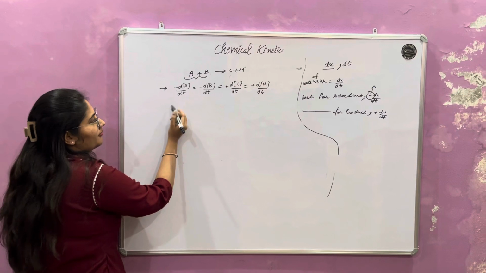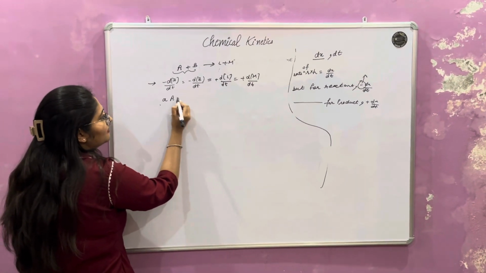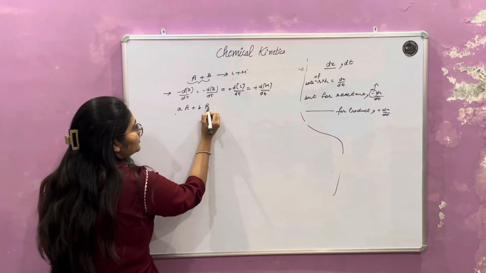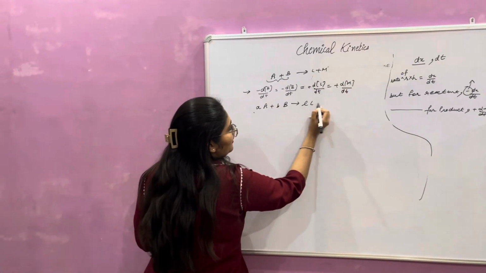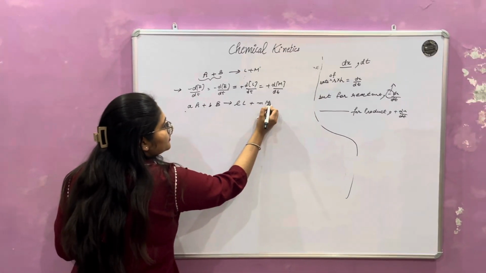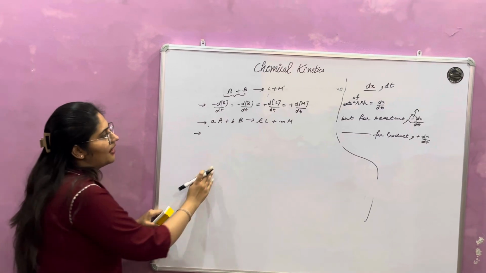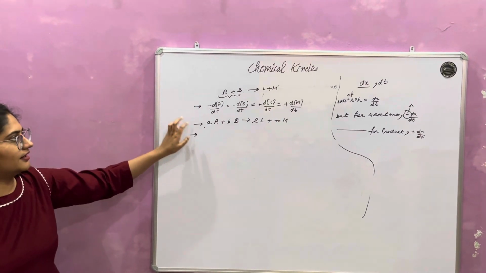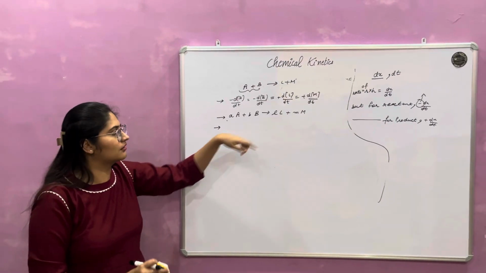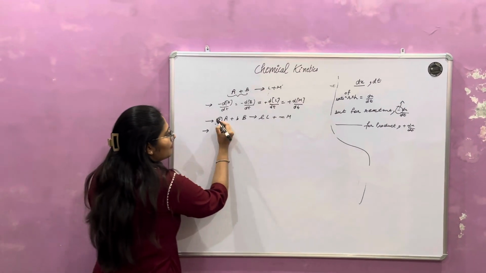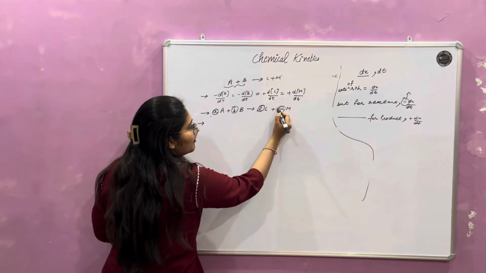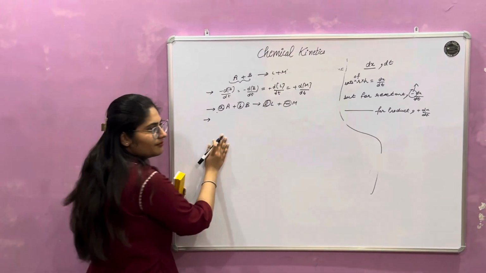Now if stoichiometric coefficients are present, how can we write the expression for rate of reaction? Let's discuss that. Okay, I have this reaction. Now, if I have to write the rate expression for this reaction, then a, b, l, m are the stoichiometric coefficients.